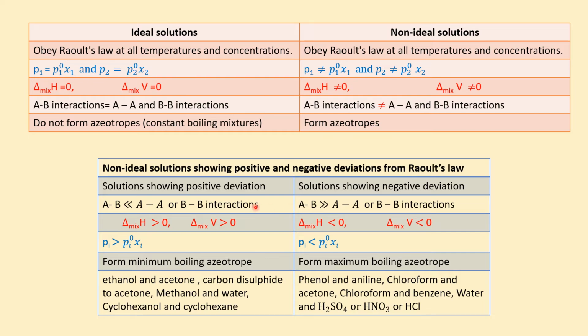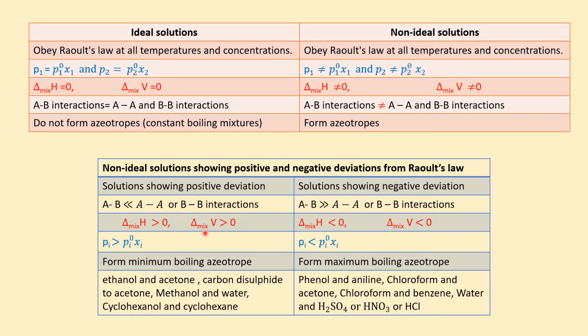In the case of solutions showing positive deviations, A-B interactions are less than A-A or B-B interactions, whereas for negative deviation solutions, A-B interactions are greater than A-A and B-B interactions. In case of positive deviation solutions, delta mix H is greater than 0 and delta mix V is greater than 0, whereas these two parameters are less than 0 for negative deviation solutions.